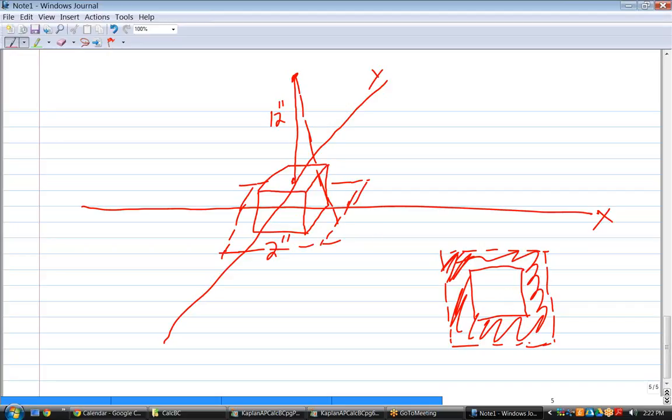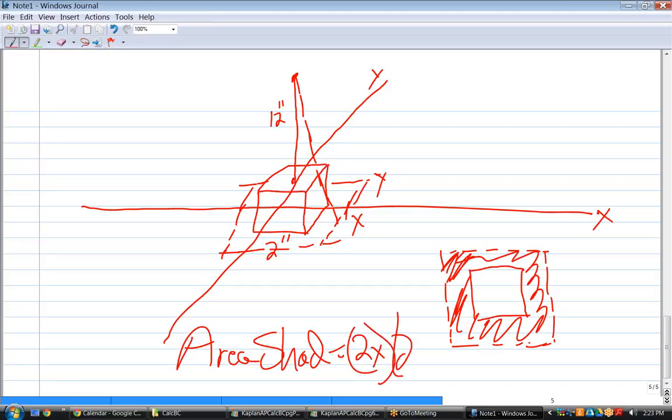Okay, and if I call that point X and this point Y, then the area of the shadow is clearly equal to 2x times 2y minus the area of the cube, the surface area, which is 2 by 2, so that's 4.